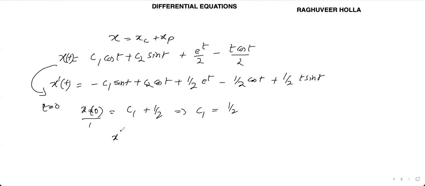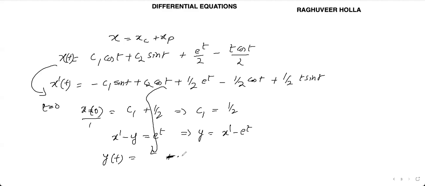Now x dash minus y is equal to e to the power of t. This is the equation given to us. So y is x dash minus e to the power of t. So y of t will be x dash, which we found, minus e to the power of t. Now let us substitute t equal to 0.